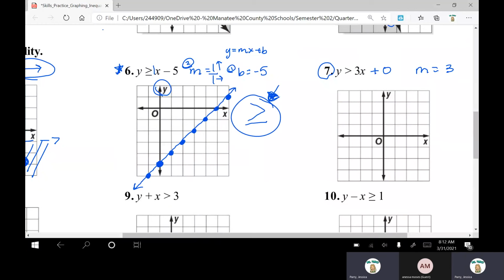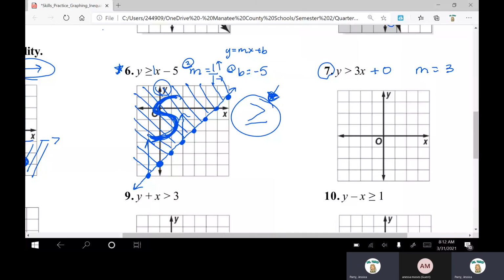And the greater than symbol means you shade everything above. You can put your pencil anywhere on that line, draw an arrow going straight up, and that's everything above the line. Shade all of that in here. That is your solution for number 6. Put a nice big S over your solution so we know what is an answer and what is not a solution.